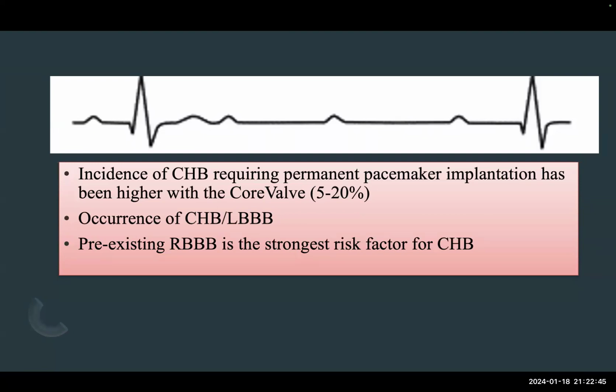The other thing: if a patient develops a new branch block that was not present before and is now present, there are three things that you might do. Number one, you can put in a pacemaker. And this is wrong. The patient might have symptoms, but 50% of them will not need a pacemaker. So it's a waste of money and resources, and the patients may get a pocket infection.